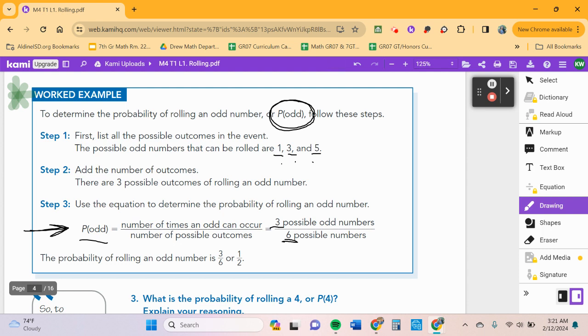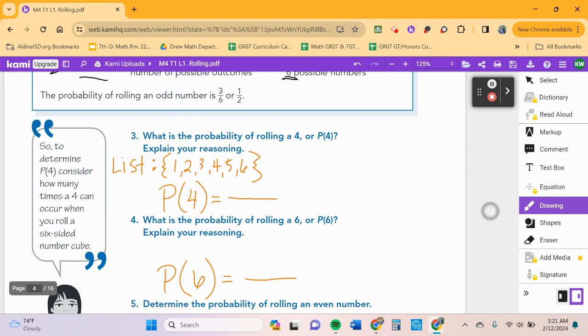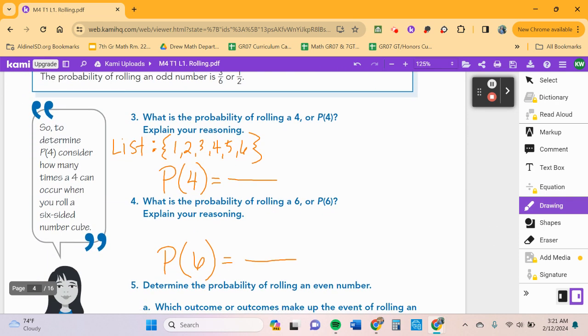Now, applying that same thing to 3 and 4, I went ahead and wrote my sample space in my brackets. So for number 3, it asks us, what is the probability of rolling a 4, or the probability P(4)? Explain your reasoning.